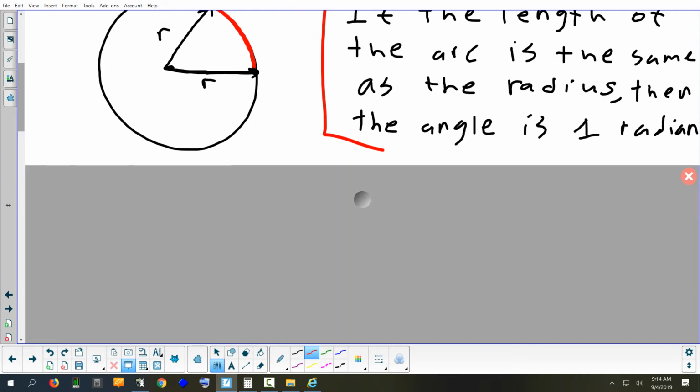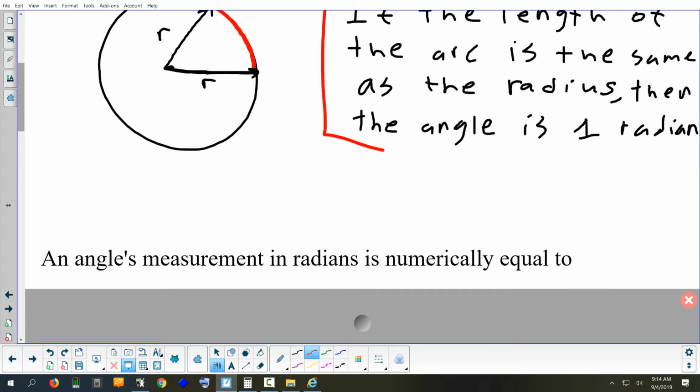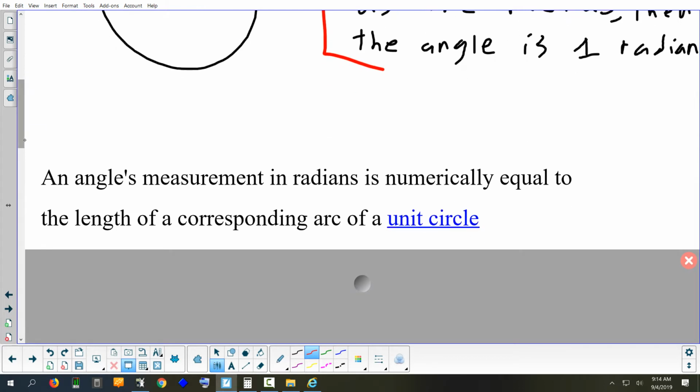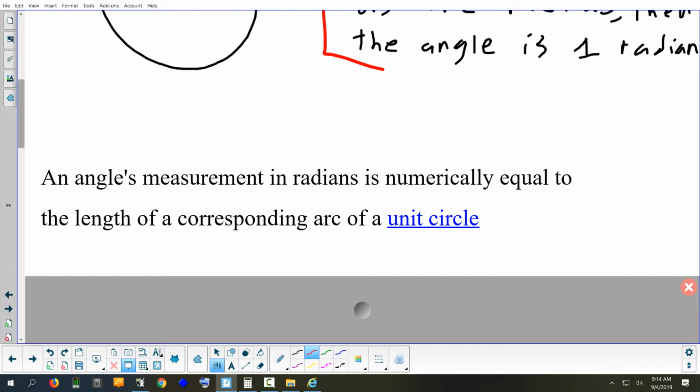All right. So in order to help you now figure out how we convert between degrees and radians, I've got to give you something. You've got to start with some kind of fact. So this is the fact I'm going to start you off with. It says that if you measure an angle in radians, I'll just read it exactly.